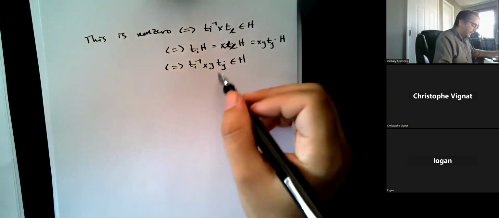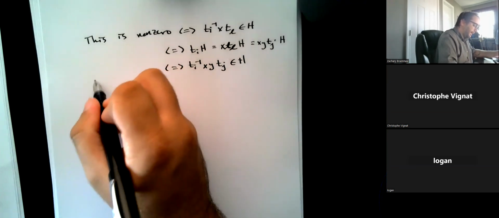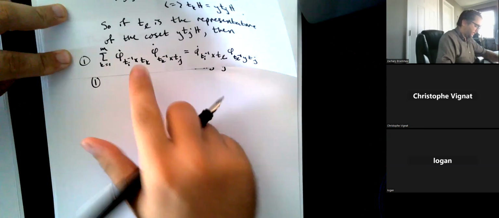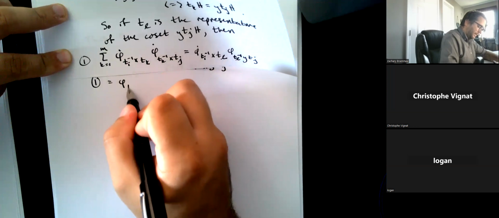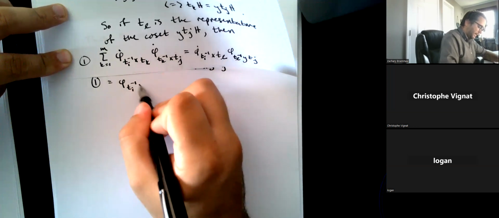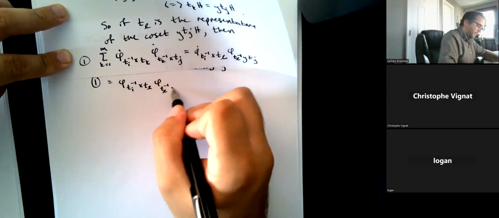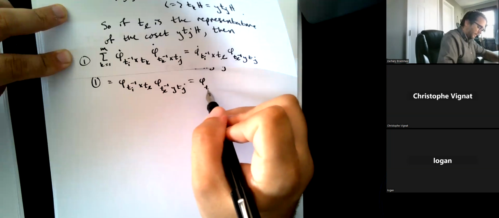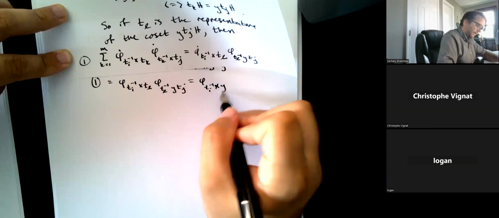And in which case, if this bottom thing is true, then we have that the one we are concerned about is equal to phi (t_i inverse x t_l) phi (t_l inverse y t_j), which is phi (t_i inverse x y t_j).